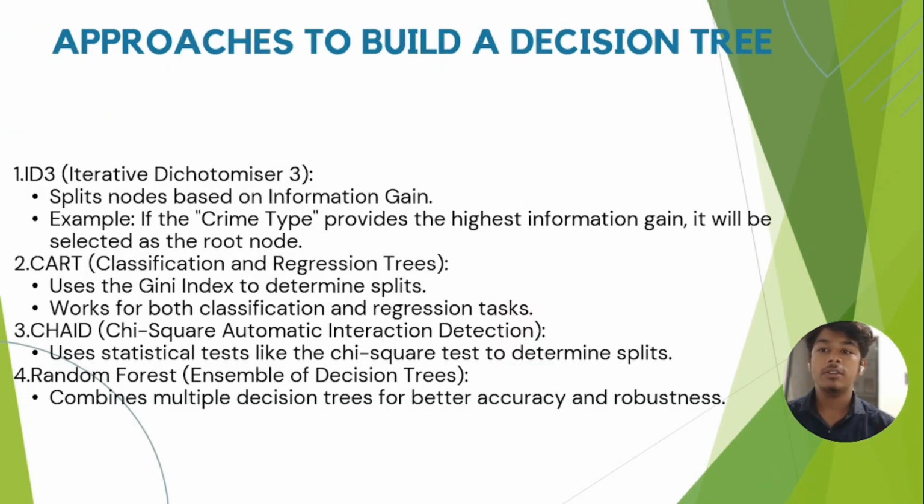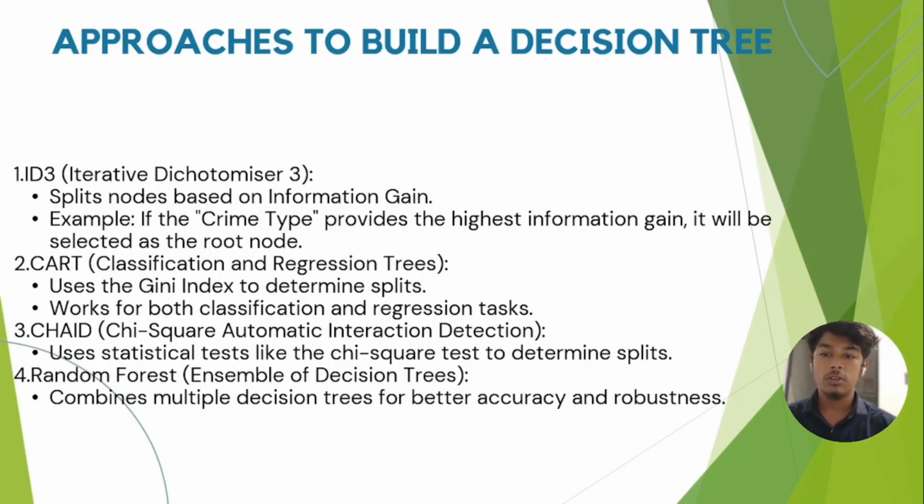Approaches to build a decision tree. Now you can use Iterative Dichotomizer 3, an algorithm that splits the nodes based on information gain. If a crime type provides the highest information gain, it will be selected as the root node. CART, classification and regression trees, uses the Gini index to determine splits.